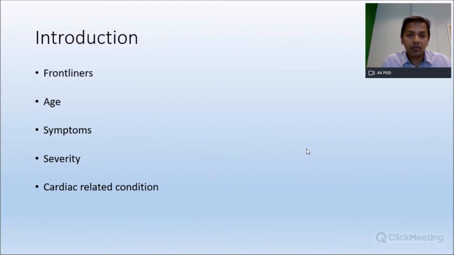I know that when I was doing locum, most of the time you see straightforward cases, but sometimes you encounter serious conditions, especially cardiac-related conditions. So if a patient comes with symptoms, how do you identify whether this is a cardiac-related condition?